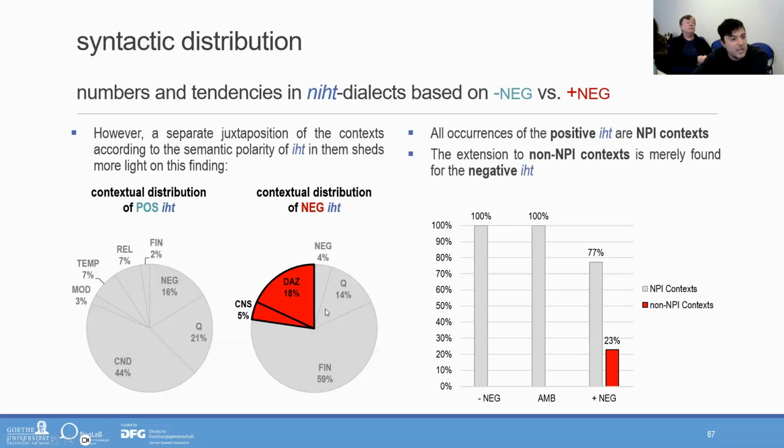So with its typical meaning as an indefinite and so on, it was only 100% used in NPI contexts. So as you can see here, the positive uses are 100% in NPI context. Even the ambiguous ones are in NPI context. Only those negative meanings are able to happen in other contexts that are originally not licensing NPIs.